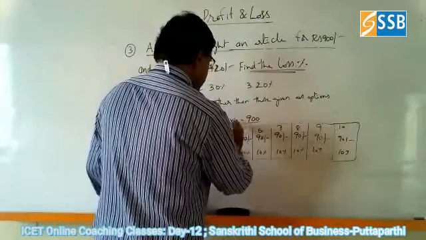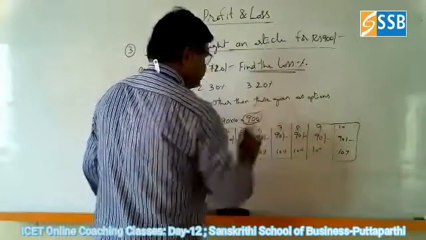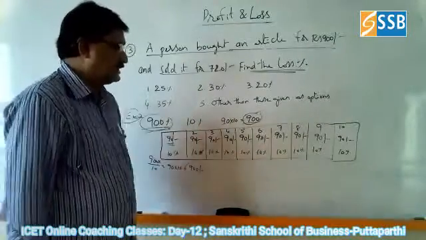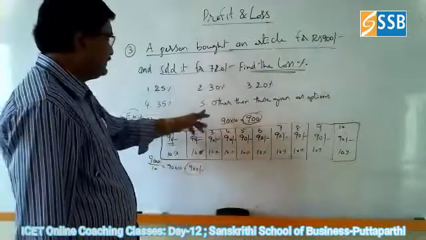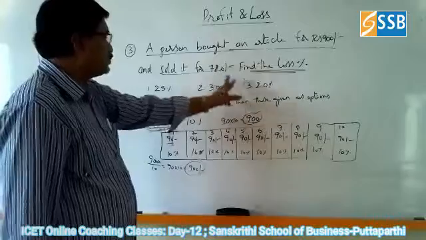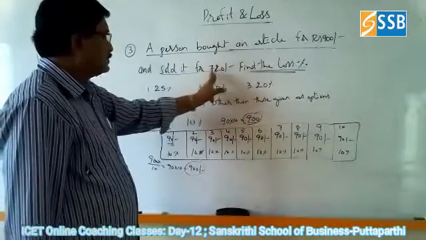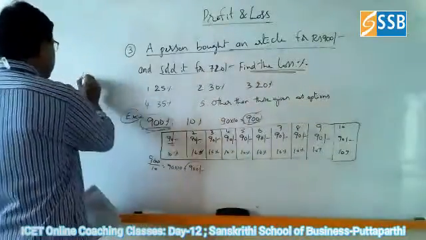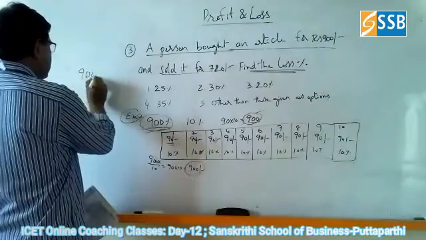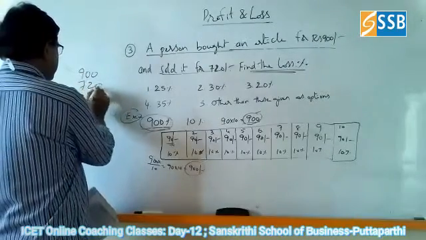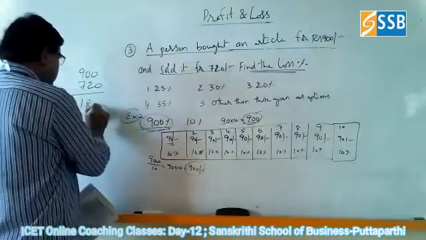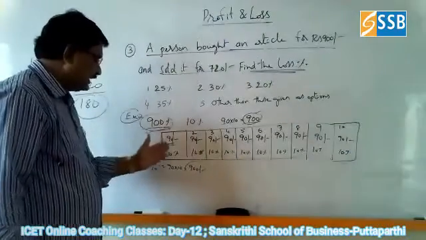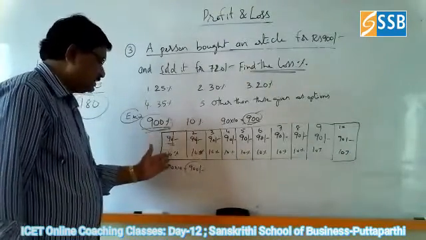9 ones are 9, then 2 zeros, 900 rupees. We purchased for 900 rupees, but we sold for 720. So 900 minus 720 is how much? 180. What percent is 180? 10% is 90 rupees.